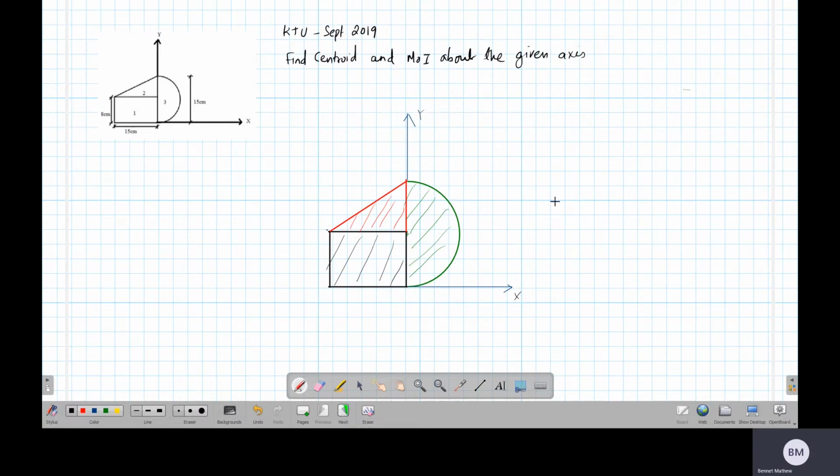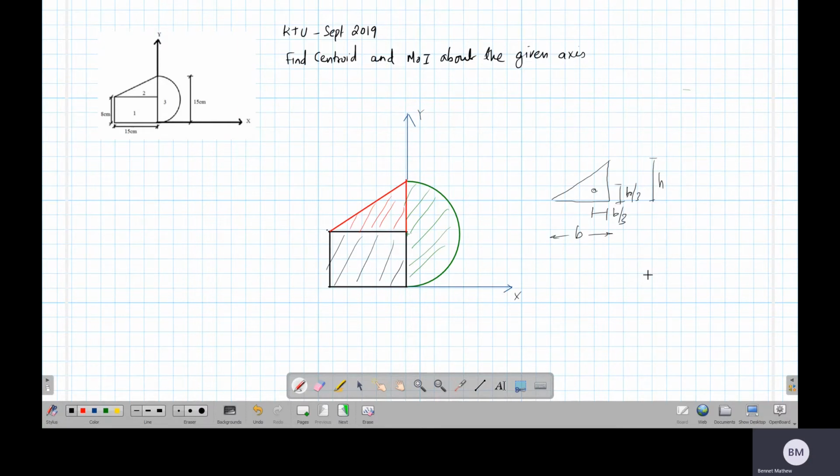We know that for the triangle, the centroid is at a distance of B by 3 if this is B, so this is for a right triangle. If this is the height, this will be H by 3. This will be the centroid of the triangle. For the rectangle, we all know the centroid is at half of the length and half of the width.